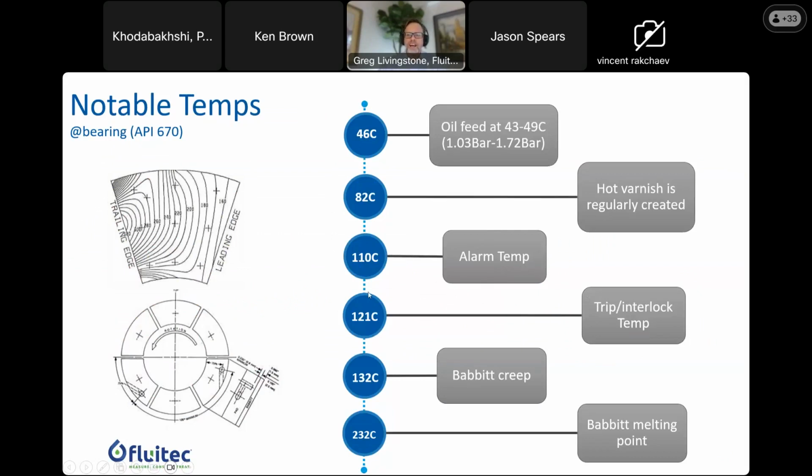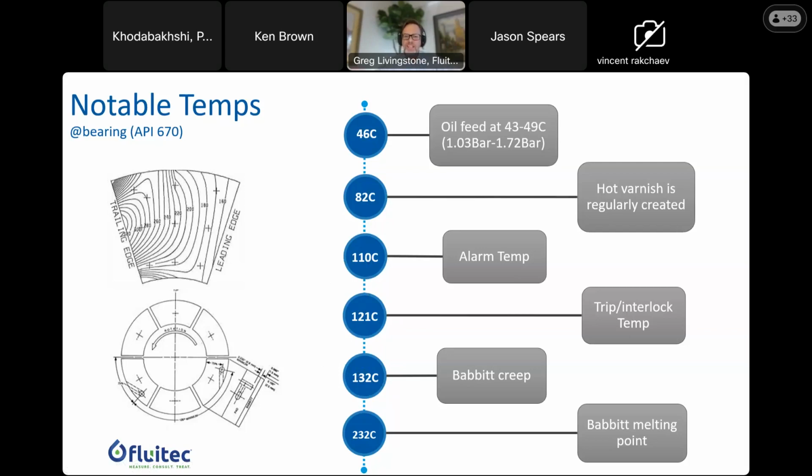Unit trips are typically set at about 120 degrees C, and 132 is the region where we start to see Babbitt creep. So we clearly don't want bearings to ever get up to this level. A lot of machines are set so that if you start reaching levels of 110 to 120 degrees, you have to take some action.